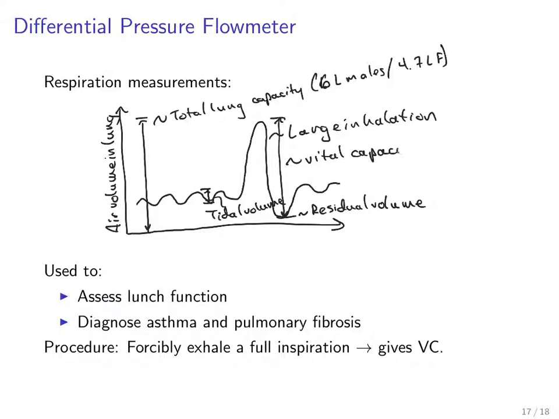It's the biggest change. So the procedure to give vital capacity, which is a common measurement, is to have the subject simply forcibly exhale a full inspiration, since that will cause them to go from here all the way down to here, and thus from that you can infer where the vital capacity is.